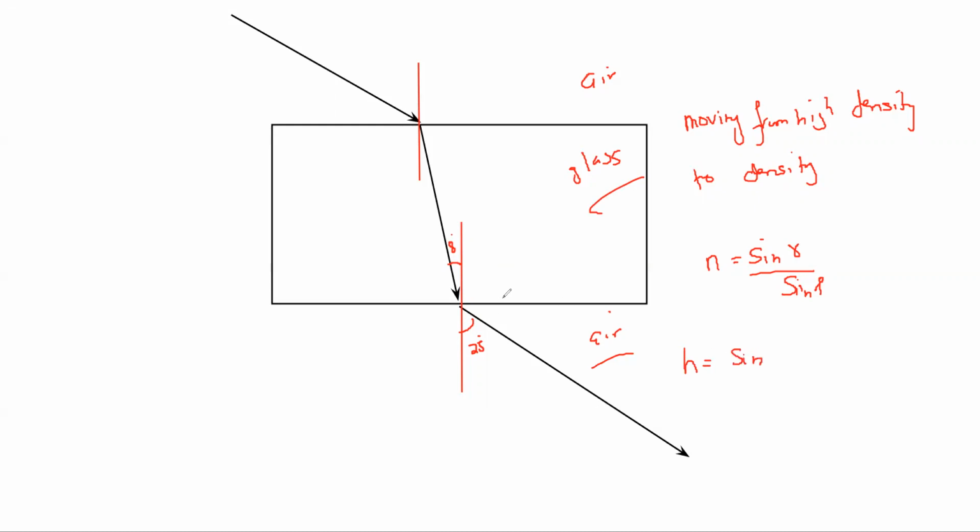So the refractive index in this case will be sine of the angle of refraction, which is 25, divided by sine of the angle of incidence, which is 8. So sine 25 divided by sine 8, what's the answer?